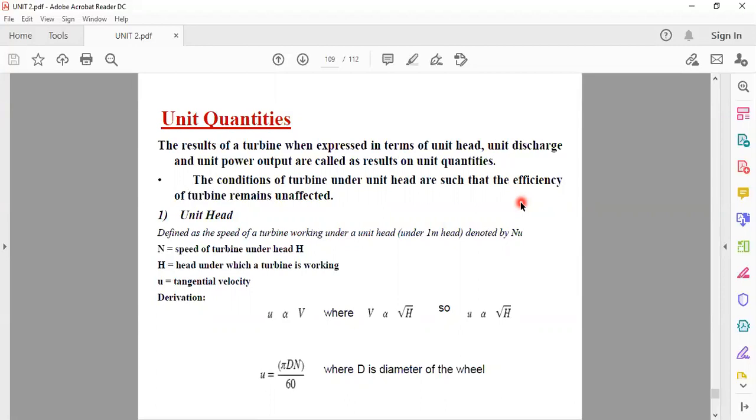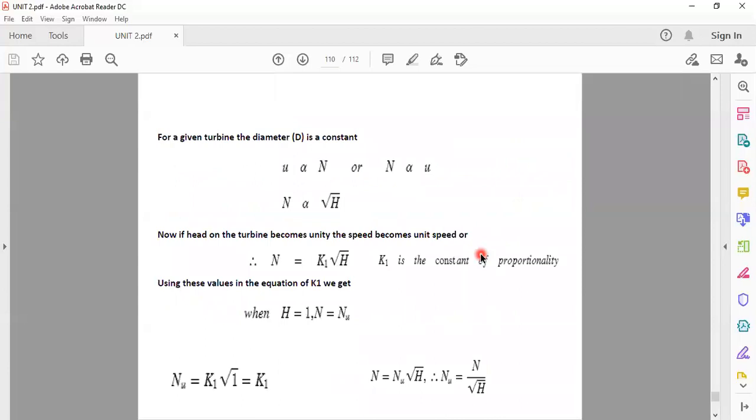So here is a simple derivation for unit speed. U is directly proportional to V, and V is directly proportional to under root of H. So U is directly proportional to under root of H. We know U, the tangential velocity, is calculated by pi D N by 60, where D is the diameter of the wheel.